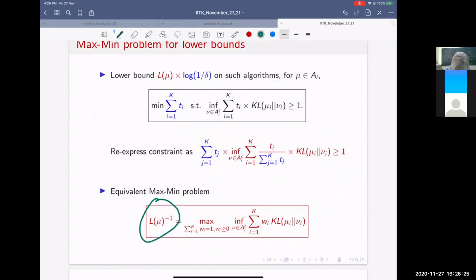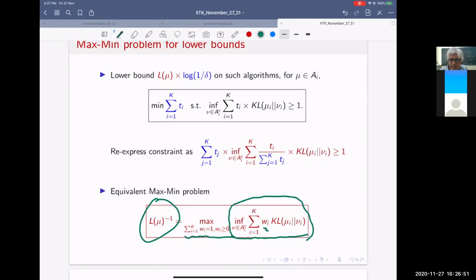This quantity here is an infimum, and it's like a game going on. You, as an algorithm designer, choose what fraction of time you're going to pull each arm. Once you pick this fraction, nature, the adversary, your worst enemy, chooses the nu in the alternative complement which is the hardest to separate.